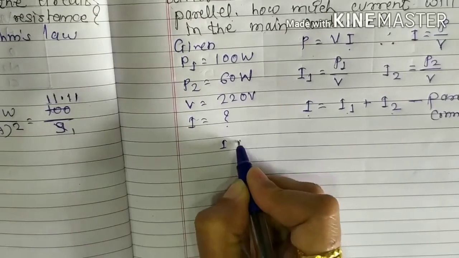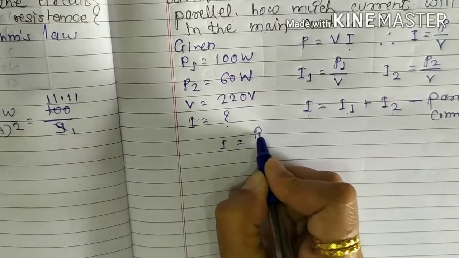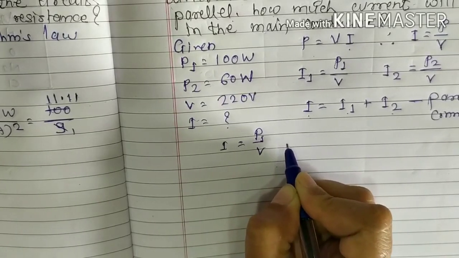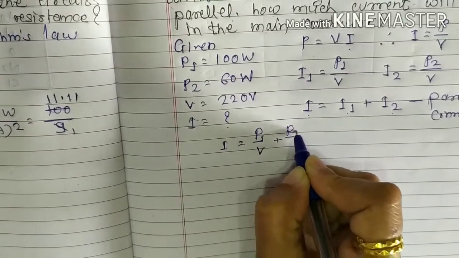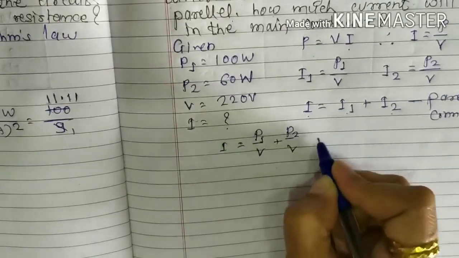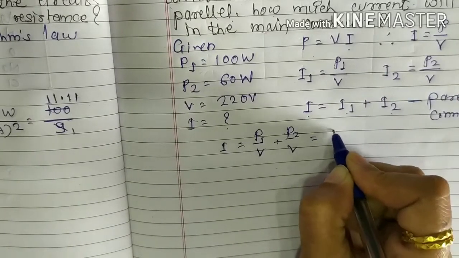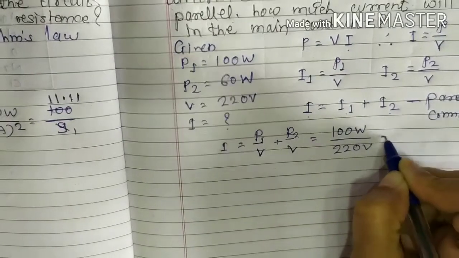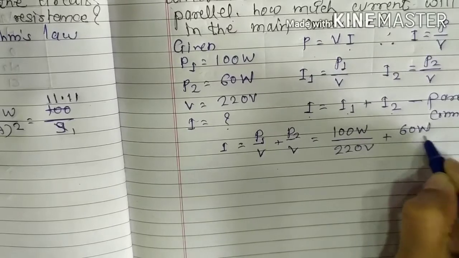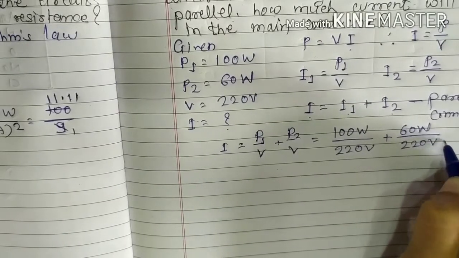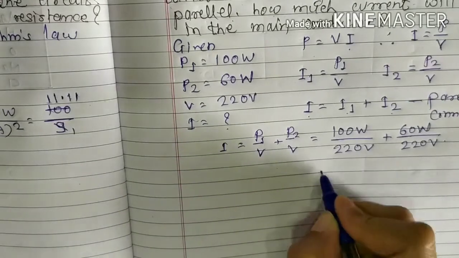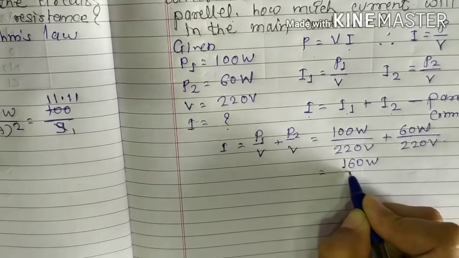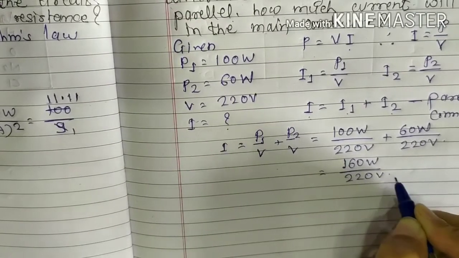I is equal to I1 plus I2, that is P1 upon V plus P2 upon V, is equal to 100 watt, V is equal to 220 volt, plus 60 watt divided by 220 volt, then is equal to 160 watt upon 220 volt.